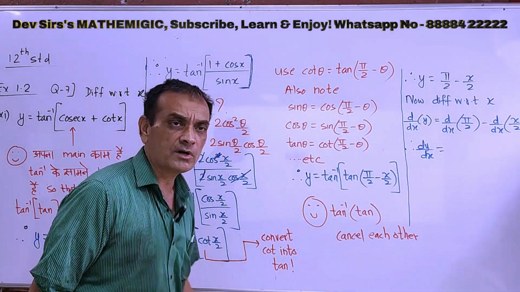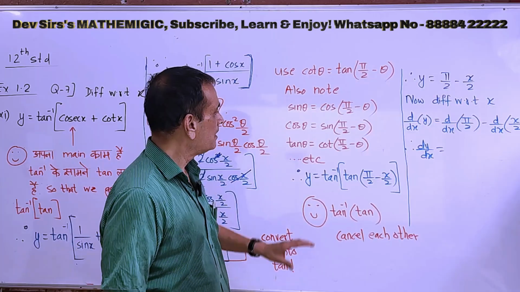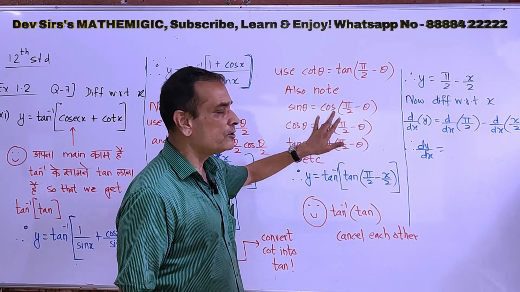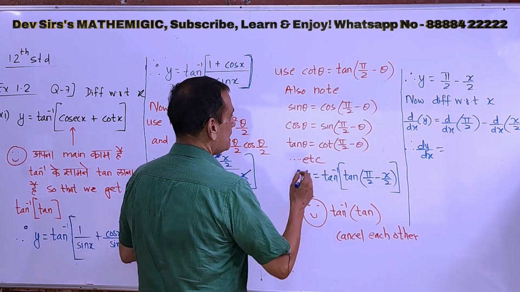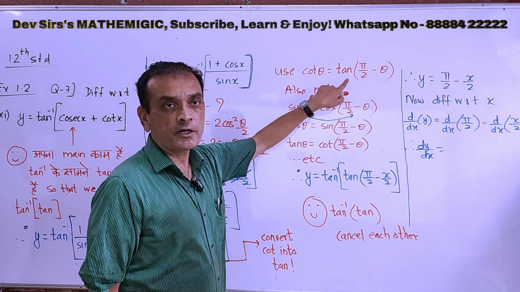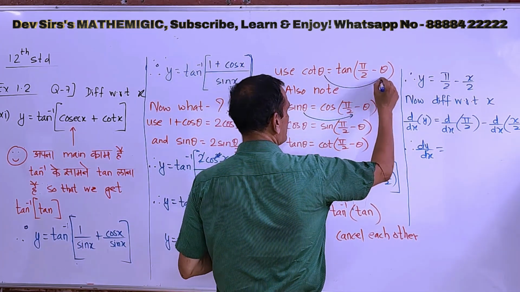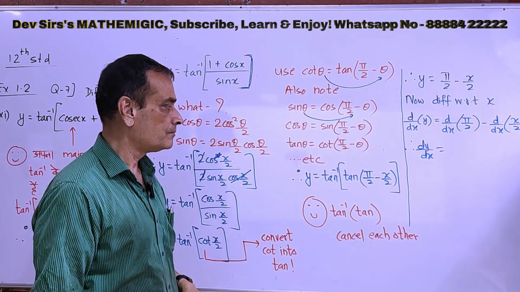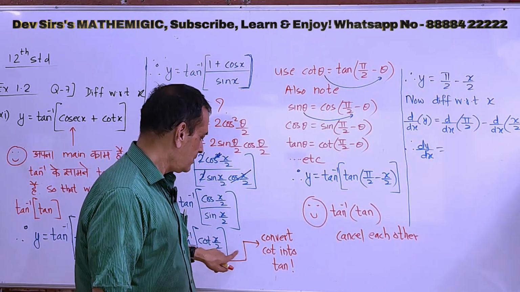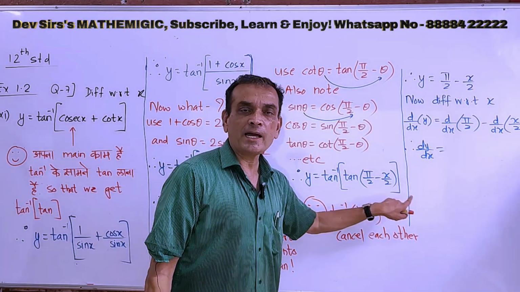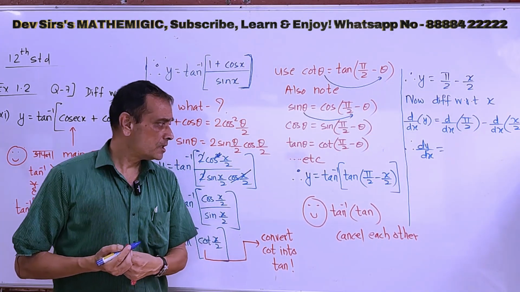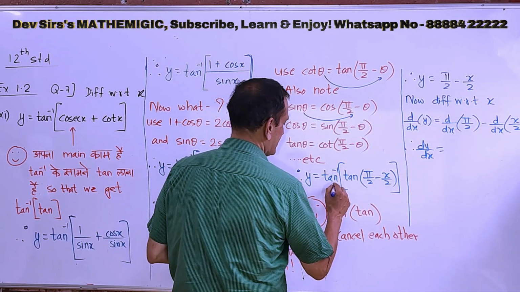Then only cot will get converted into tan. In certain problems we may be required to convert cos into sine or sine into cos. So what do we do? Replace theta by pi by 2 minus theta. Same way, I want to convert this cot into tan, so replace x by 2 by pi by 2 minus x by 2. Simple. Clear? So finally we have got tan inverse tan.